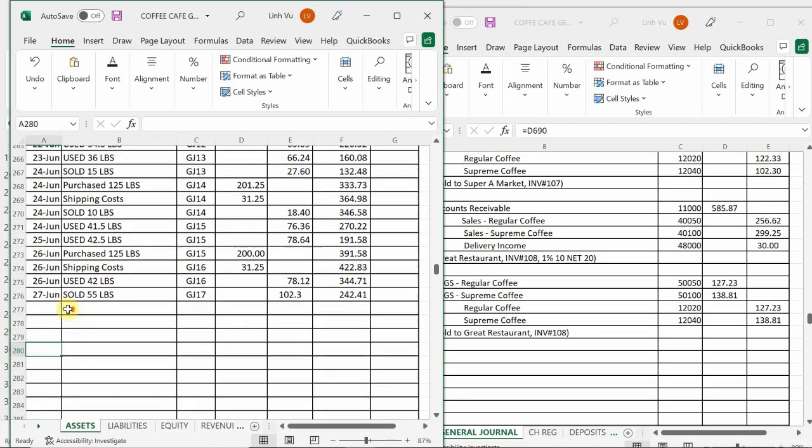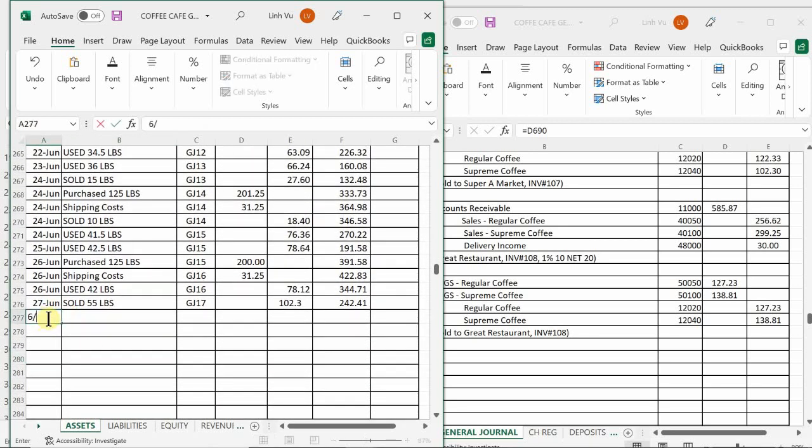Here is my Supreme Coffee. I end up selling 75 pounds, okay, which gave me a total of 138.81.